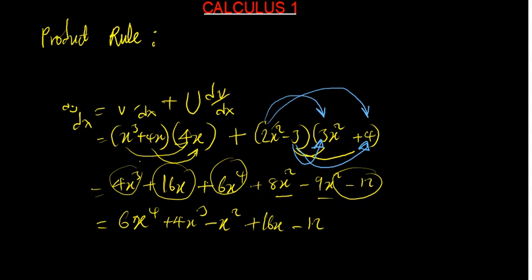That is what we did. So if you multiply this 2x squared by 3x squared, we are getting 6x power 4.